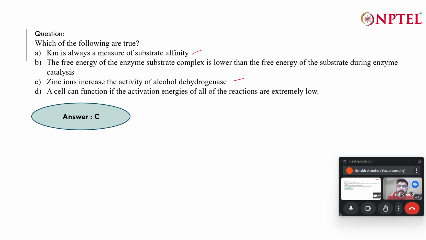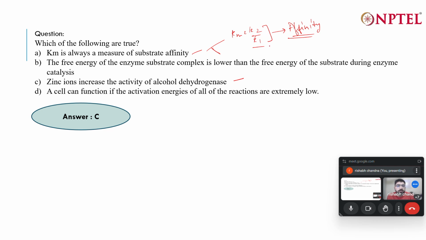Km is always a measure of substrate affinity? No. Why? Because it has two cases. As we can see in the Michaelis-Menten equation, when Km is equal to K2 by K1, in that case it denotes the affinity of the substrate.